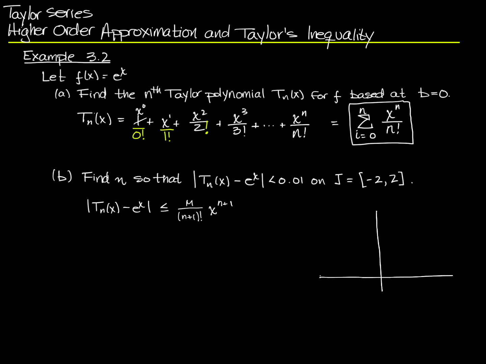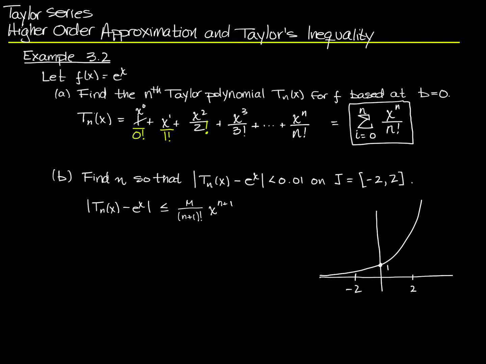I'm going to graph y equals e to the x. This is 1. And we're on the interval -2 to 2. Right, we're given this interval. And you'll notice, if you look at this function, that it starts small, positive but small, and increases forever.